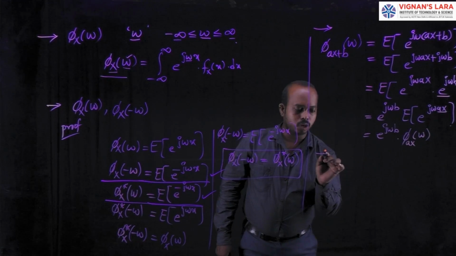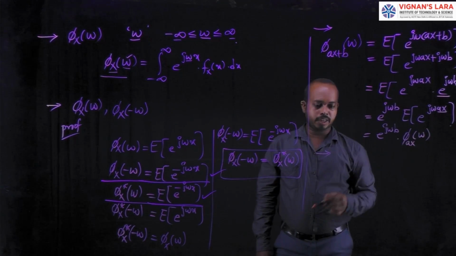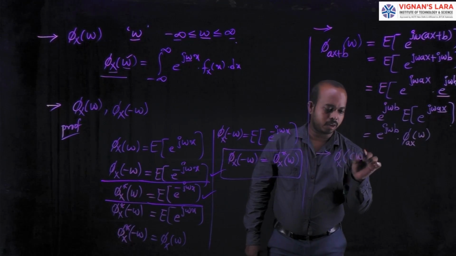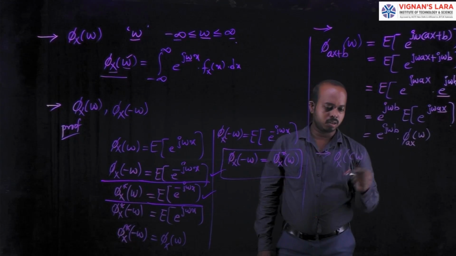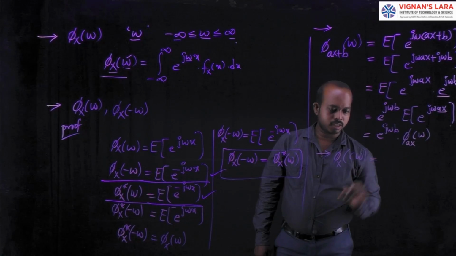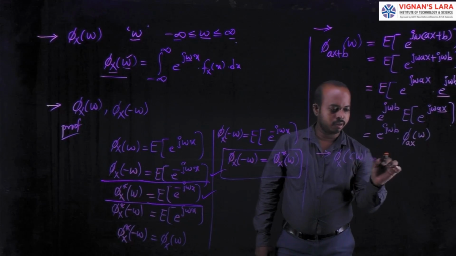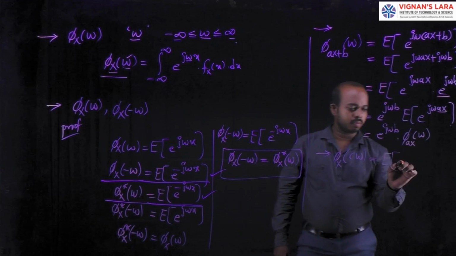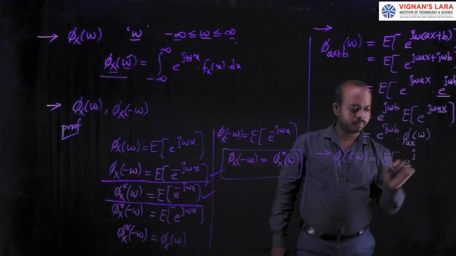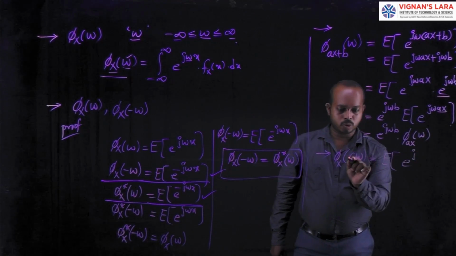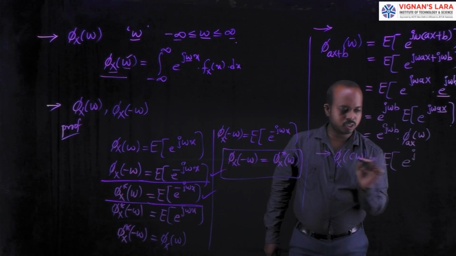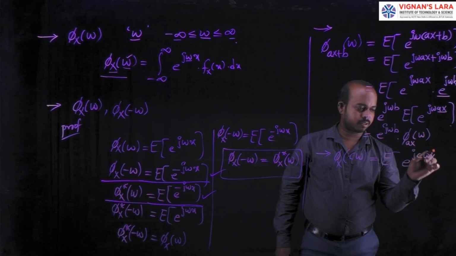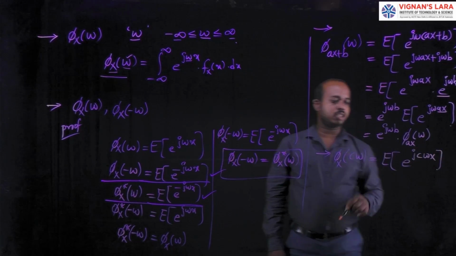Coming to the next one. The next property is φx of c omega. For this one, we can substitute the quantity c omega in the exponential power. The expectation of e power j, here omega is replaced with c omega, and x is the quantity here.